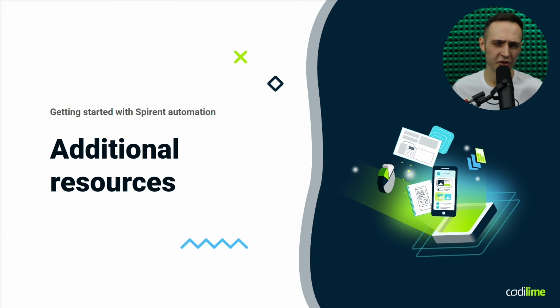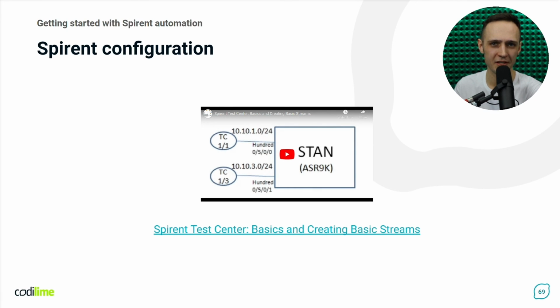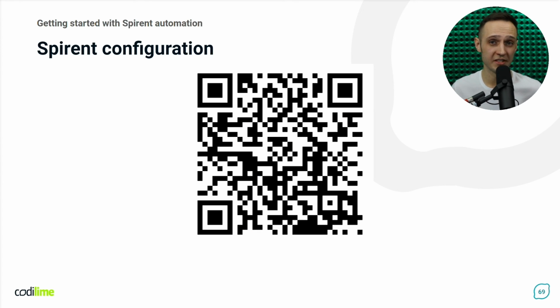If you need additional resources on the Spirent topics, you can watch this YouTube video, which shows how to configure the Spirent Test Center from scratch. It has nothing to do with automation, but it gives a good overview of the really basic Spirent Test Center operations.